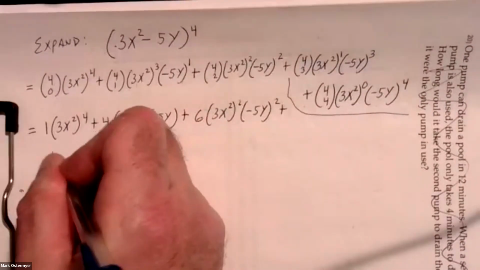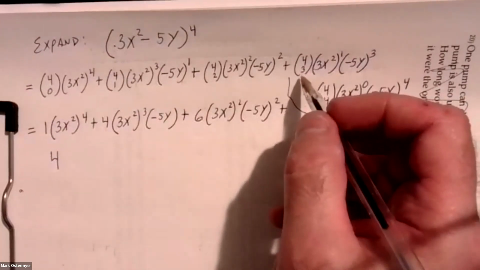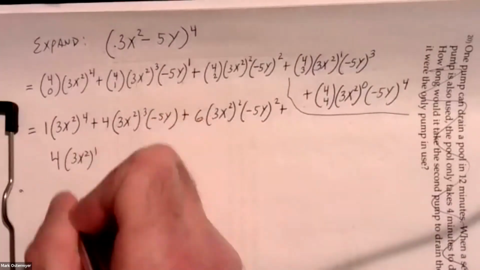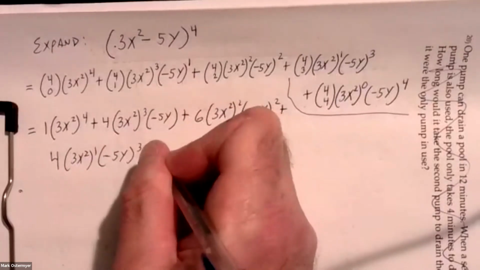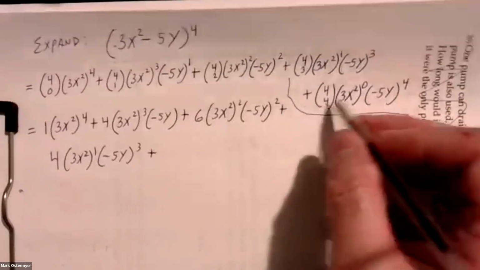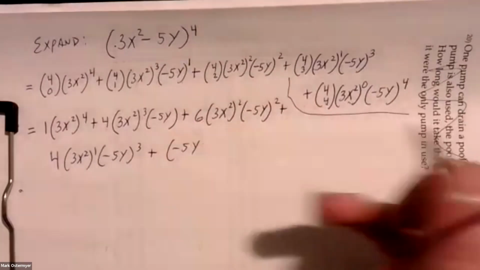Okay, so plus 4 times 3x squared to the 1st power times negative 5y cubed. And the last coefficient here at the end is going to be 1. 1 times 1. And so we're just going to have negative 5y to the 4th power.